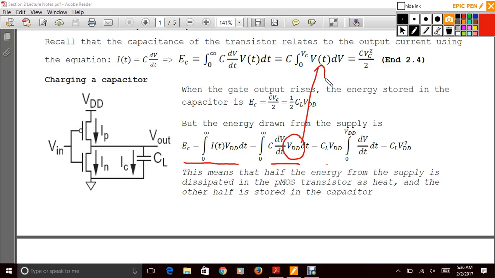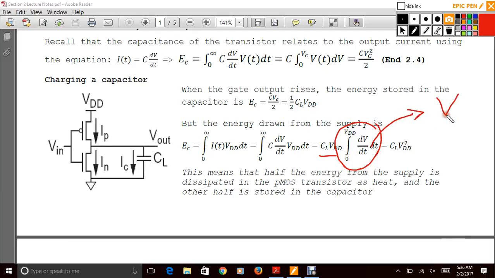So now you have CL VDD times the integral of 0 to VDD of dV dt. Well, guess what? When you do this, it just becomes V, which is also VDD. So now you get CL VDD squared. That means that half the energy from the supply is going to be dissipated in the PMOS transistor in heat, and the other half is going to be stored in the capacitor.